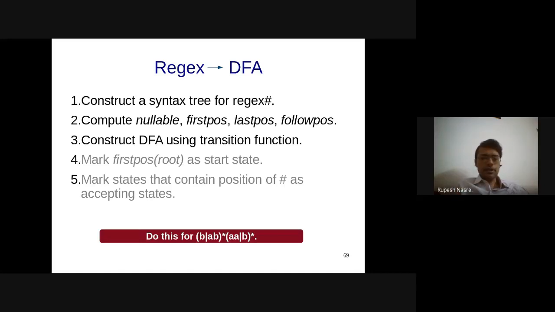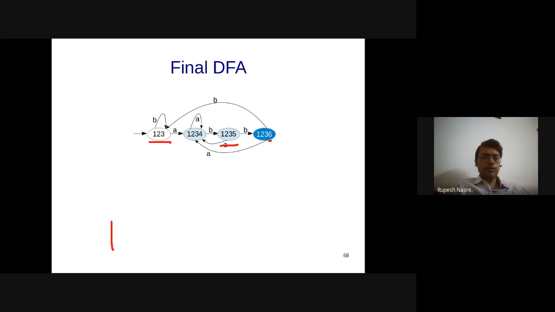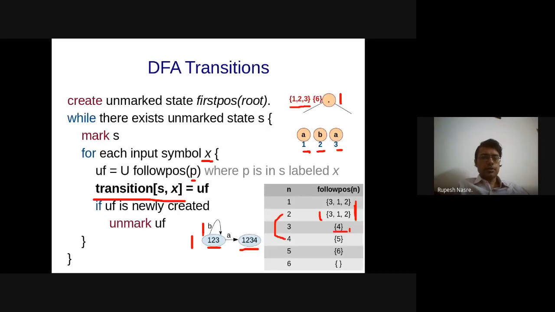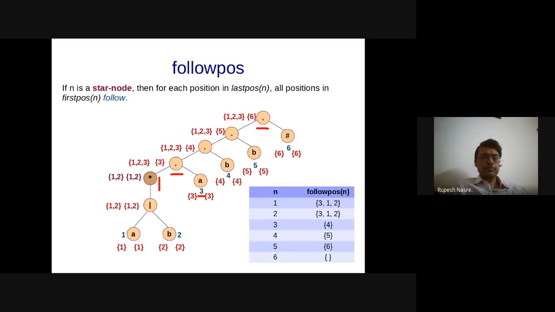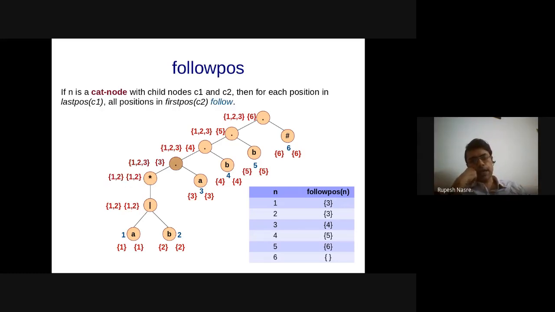Let me just go back to that follow pause definition. If it is a star node, then for the last pause, we add the first pause, so that follow pause is going to happen. And if it is a cat node, then for each position in the last pause of C1, we have to add the first pause of C2. So that's what we have for the follow pause.